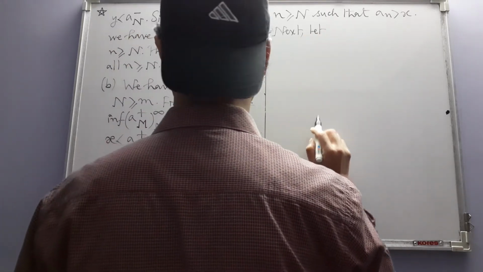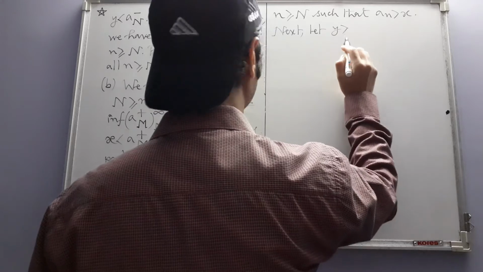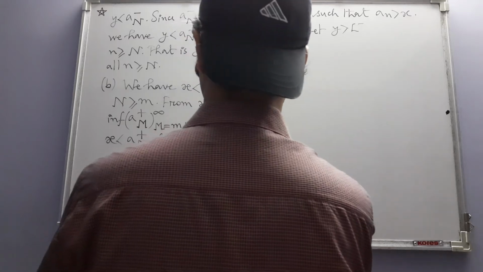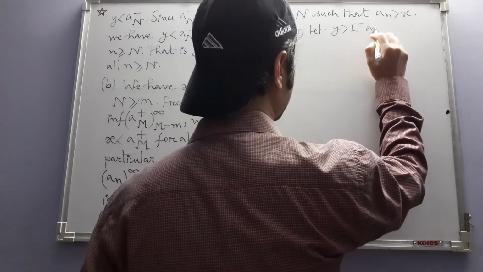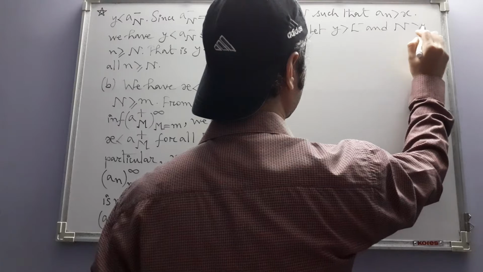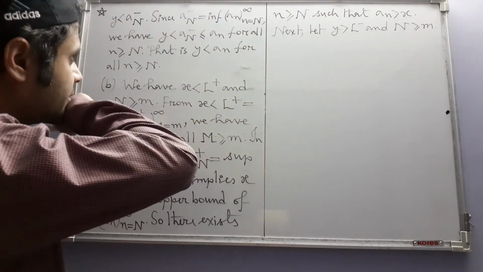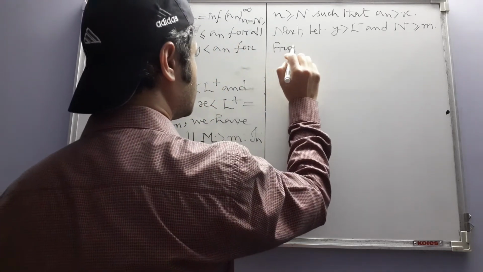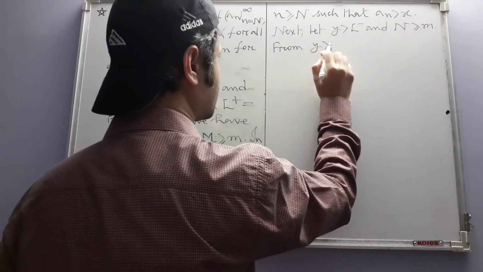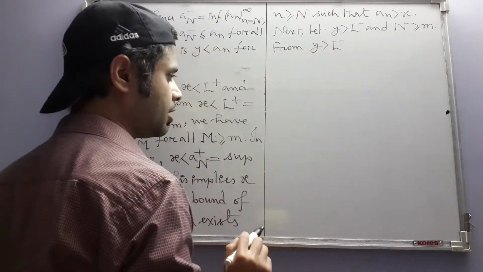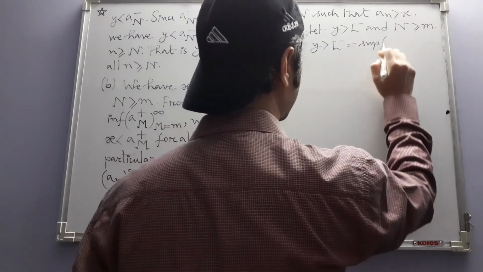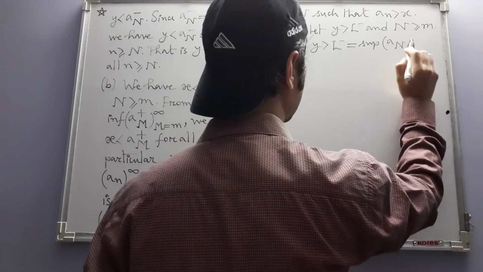Next, let y be greater than L minus. Everything will be opposite. Here n is again some chosen index greater than or equal to m. From y greater than L minus, where L minus is the limit inferior, so this is the supremum of this sequence of infima.